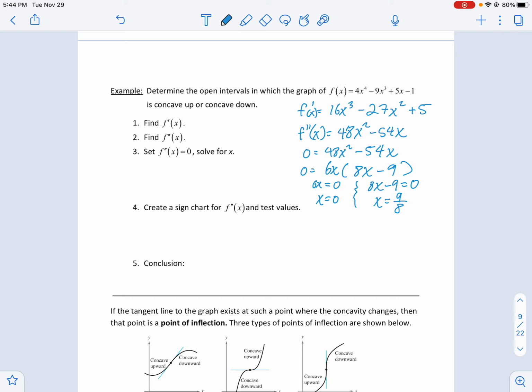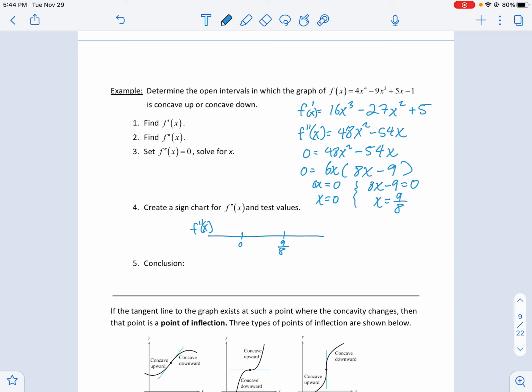And these are our 2 points we're going to put on our sign chart for our second derivative, and we're going to test our values to see which intervals are positive and negative. So I'm going to set that sign chart over here. This is going to represent f double prime. And I'm going to plot the 2 points that I found in the previous part. So I'm going to plot 0, and I'm going to plot 9/8.